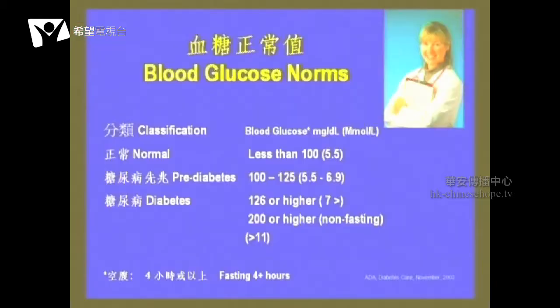As we mentioned in the beginning, there are new values for blood glucose. In the past, we consider a person with diabetes when they have a blood glucose level over 7. But a few years ago, they changed the definition, and now a person that has 5.5 millimoles per liter already have what we call pre-diabetes.